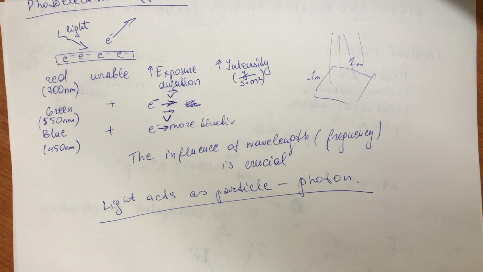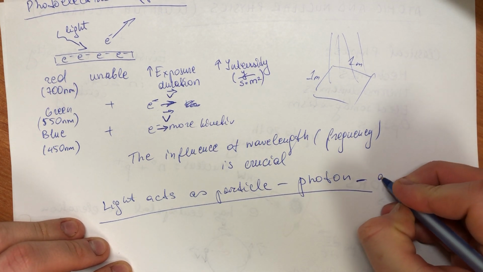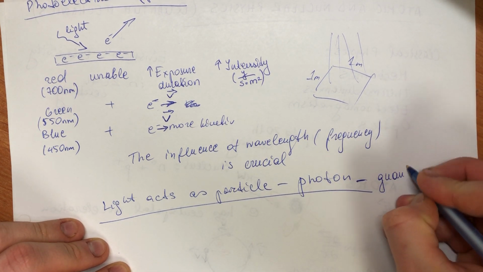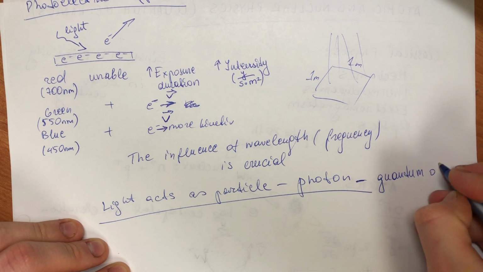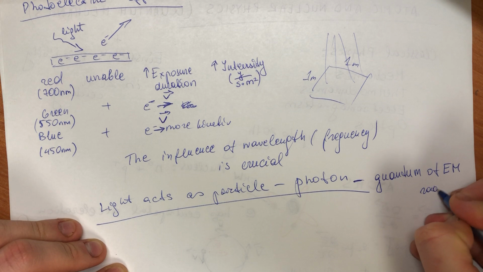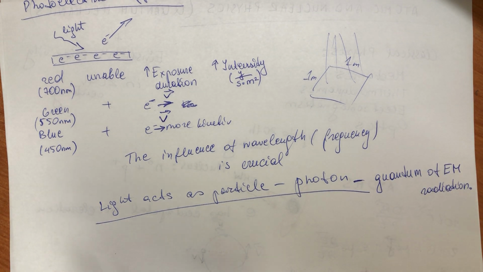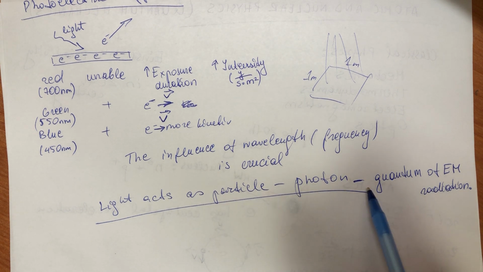It is a quantum of electromagnetic radiation. So light can be thought of as a particle, a photon, and a photon is a quantum of electromagnetic radiation.